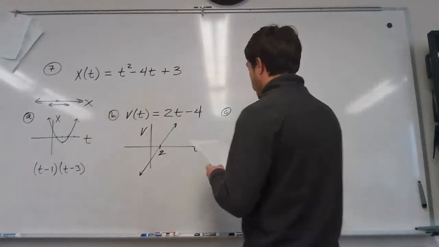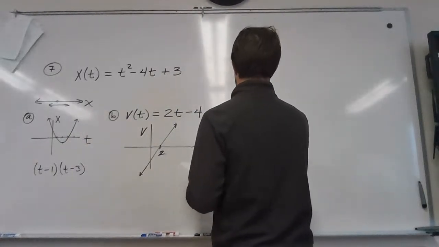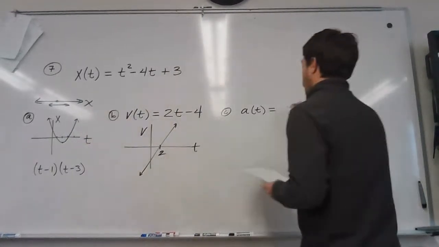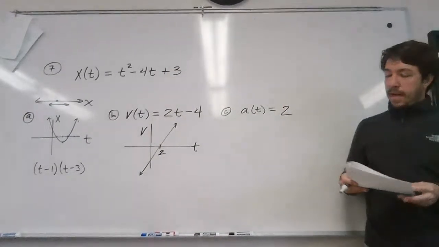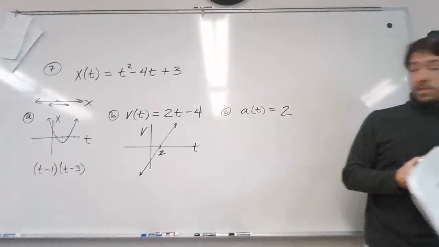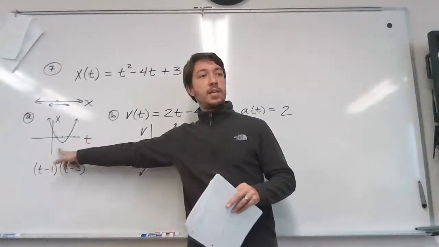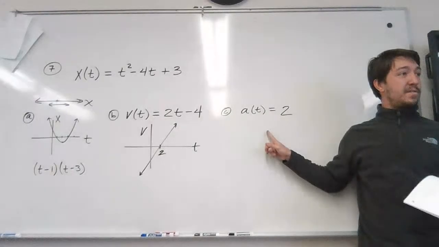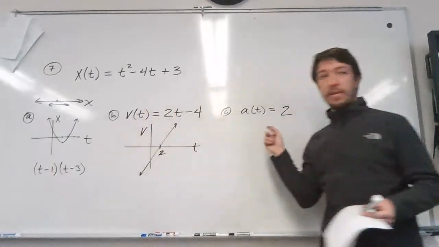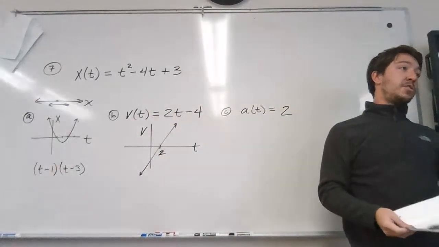Then part C, let's get the acceleration function. So this is what I was talking about a second ago. It's very difficult to look at the position graph and instantly know information about acceleration, because this is really the second derivative, right? You'd have to go derivative twice. We will get there eventually.